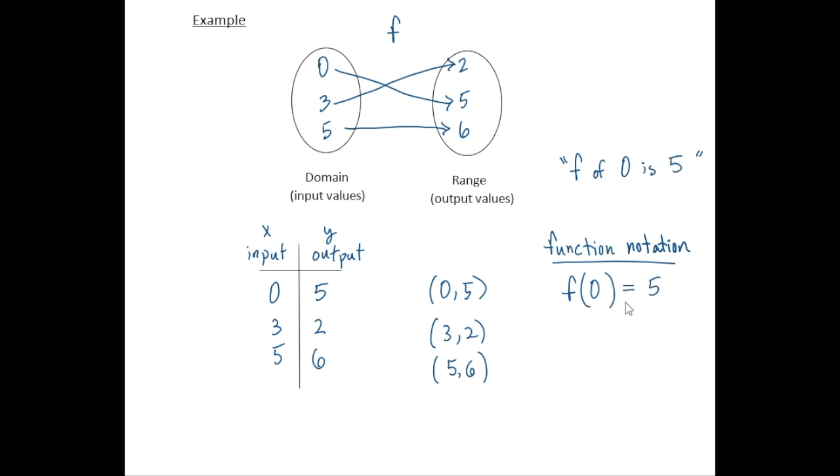So f of 0 is equal to 5. We can make a similar statement for the remaining inputs. We get f of 3 is equal to 2, and f of 5 is equal to 6. Each of these different representations defines this function f by specifying the assignment of each input to exactly one output.